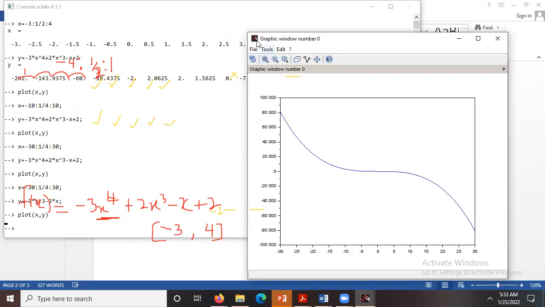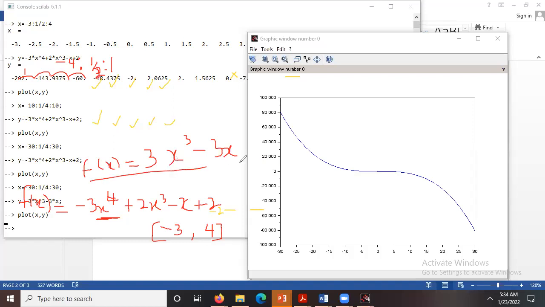This graph is very important for us. The graph we just looked at is x cubed minus 3x, that's the function f of x equals x cubed minus 3x.